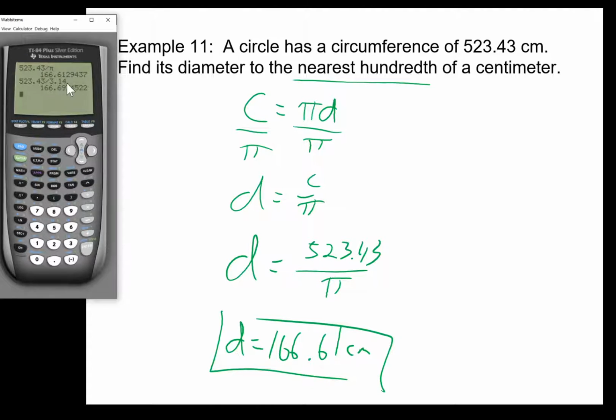If I had used this one, I would have gotten 166.70 instead of 166.61. I know it's really, really close, but we want to make sure we're being as accurate as possible, so use that pi button.